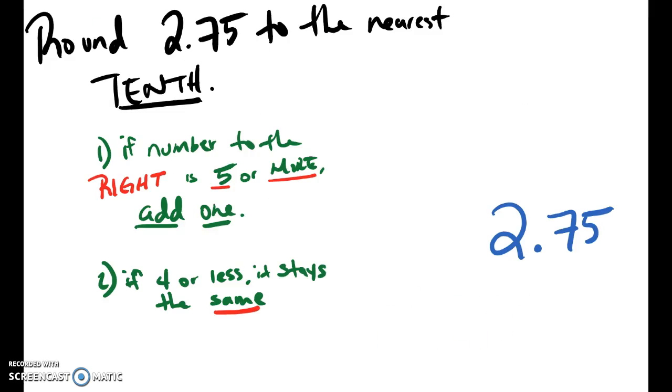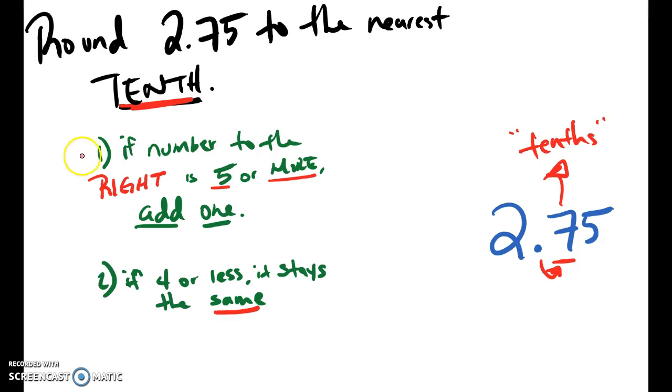If we want to round to the nearest tenth, first, we must identify where the tenths place is in this number. If you remember, the tenths place is the number place directly one step to the right of the decimal point. So in this case, 7 would be in the tenths place.